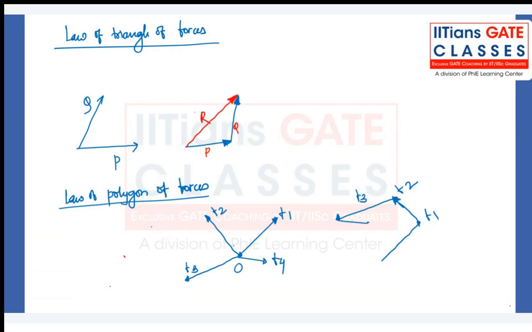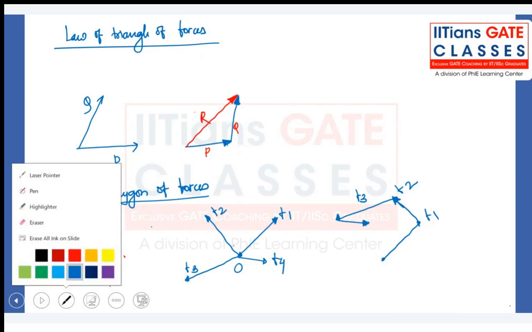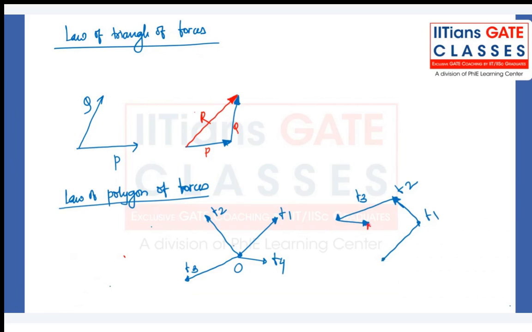Yeah. Then the closing side is the resultant here, but in the opposite direction. So the resultant will look something like this. Okay. So this is how the resultant will look under the action of forces.